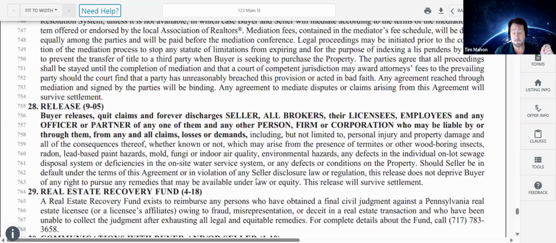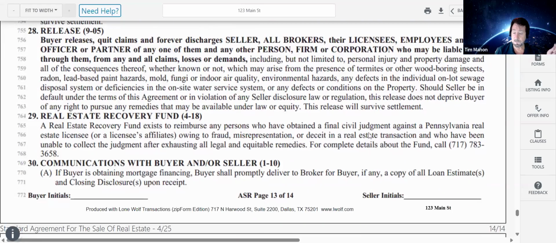Or if they're in violation of any seller disclosure law or regulation, meaning we can prove the seller lied on the seller's disclosure. This release does not deprive the buyer of any right to pursue any remedy that may be available under law or equity, and this release will survive settlement. So this is letting us off the hook, so to speak, but not necessarily the seller if they lied on the seller's disclosure.